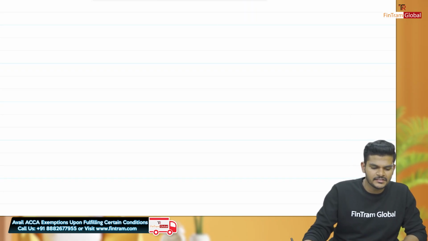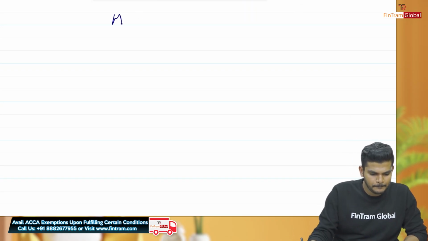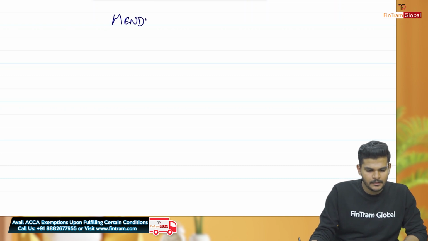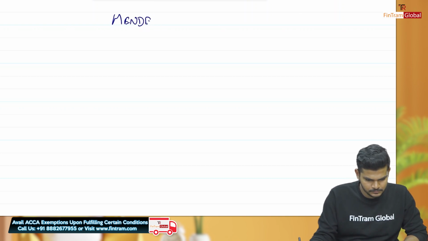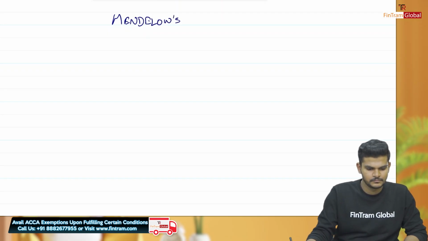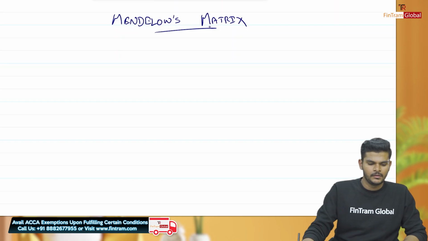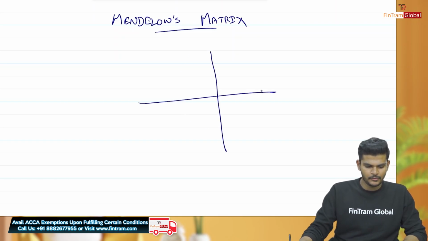This is where another model comes in, which is known as the Mendelow's matrix. So how is the Mendelow's matrix used? We again have four quadrants, right?